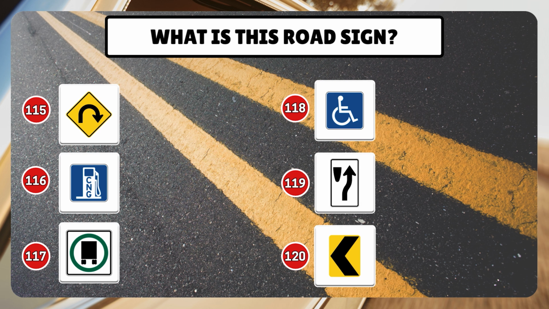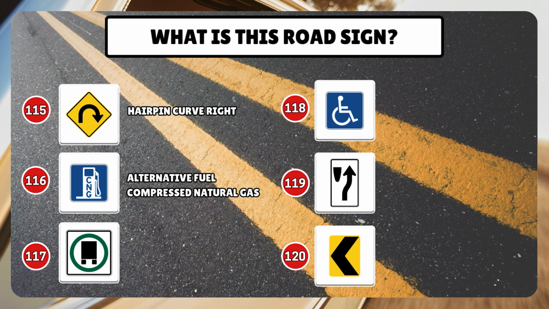Which road sign is shown? That is a hairpin curve right sign. That is an alternative fuel compressed natural gas sign. That is a national network route sign.